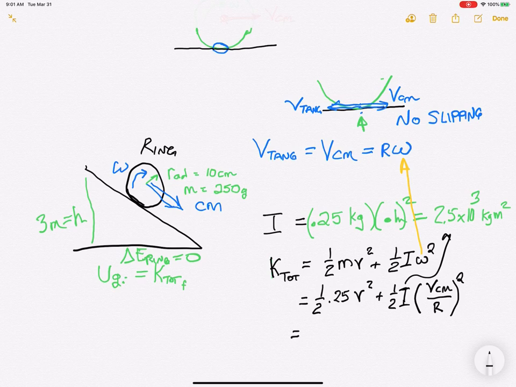So I'm going to get 0.5 times 0.25 would be 0.125, yeah. So I get a 0.125 v squared plus the 1/2 2.5 times 10 to the minus third. We don't know the v center of mass yet.